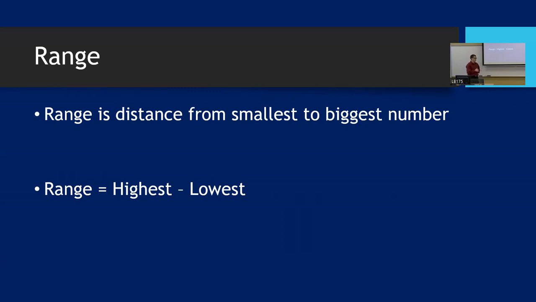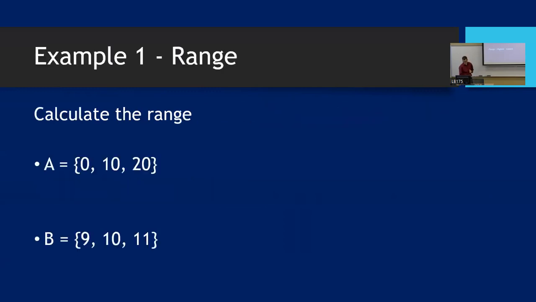Most people have seen range before. The one thing I want to mention on range is that a range is a single number. If we look at set A, we would take 20 minus 0 and get 20.